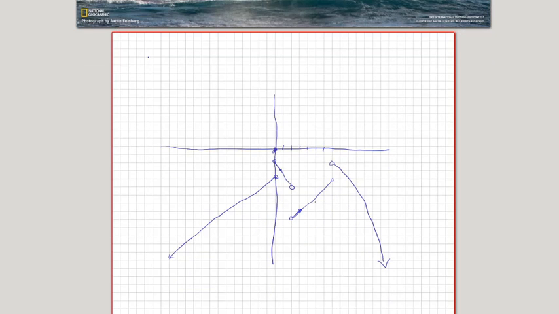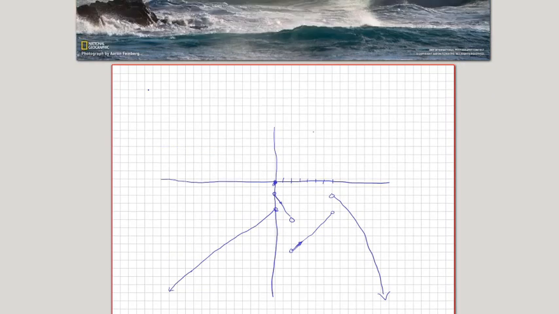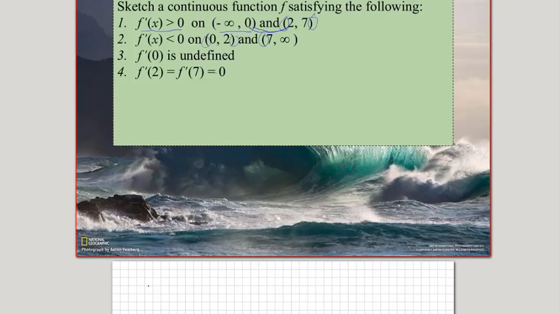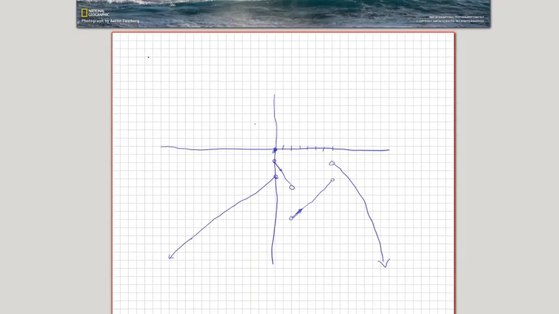Alright. But now I have to figure out how do I make the derivative at 2 be 0? Well, with my graph as it is, it won't quite work. I know I need to be decreasing as I come up to 2, and I need to be increasing as I move away from 2 towards the right. But at this point, the derivative looks like it's undefined.